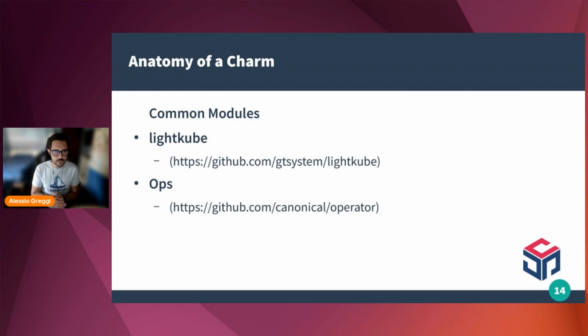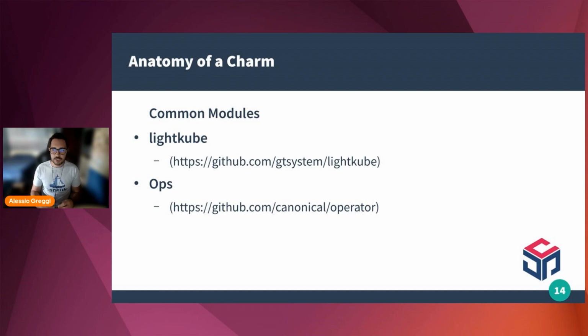So let's start with the modules. The main modules that you are going to use if you are developing a charm are Lightkube and the Ops framework. So for Lightkube, as the name says, this is a module that you can use to manage the Kubernetes resources.